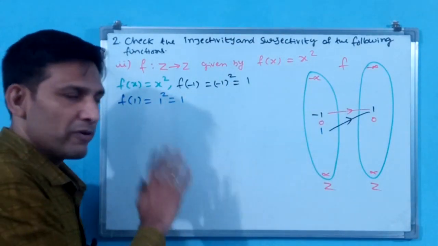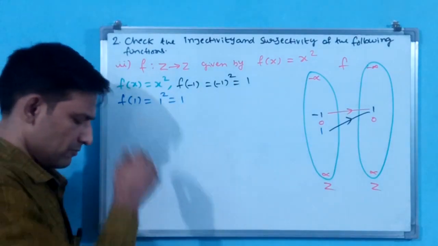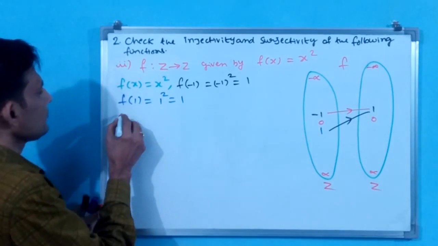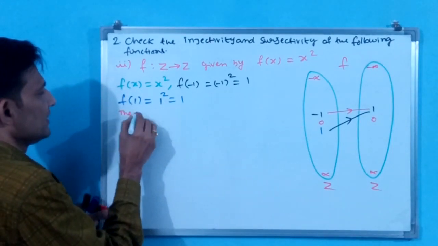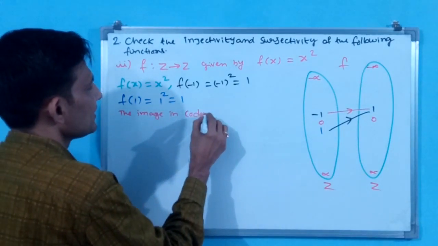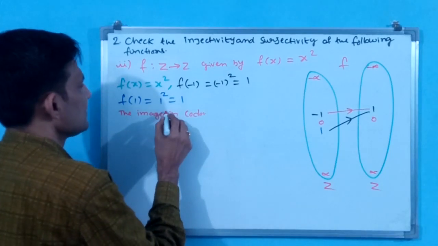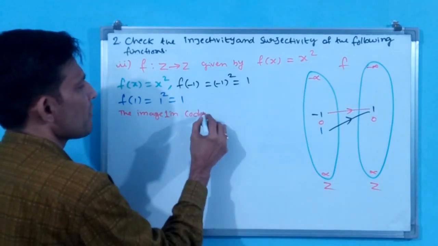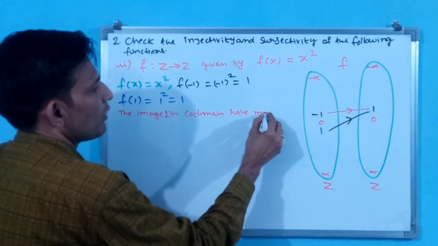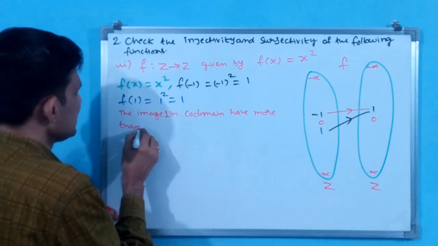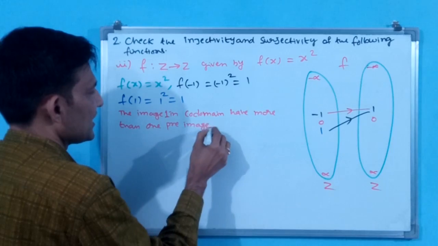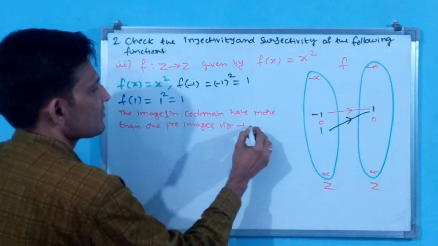First we will write that one, we will finish, then we go for surjectivity also. Okay, let us write. How to write? See, we write like this: the image 1 in codomain has more than one pre-images, minus 1 and 1.